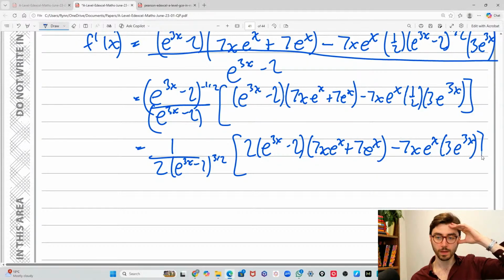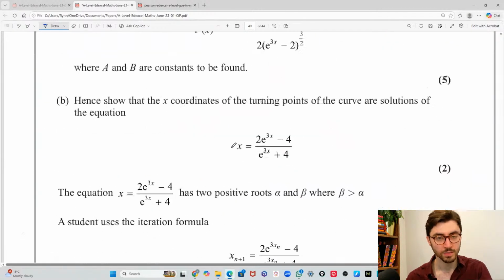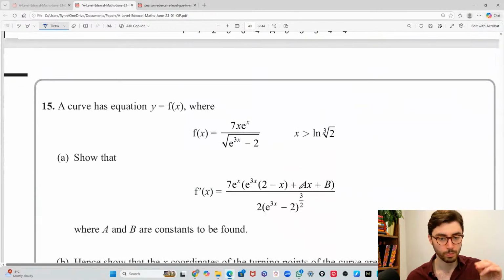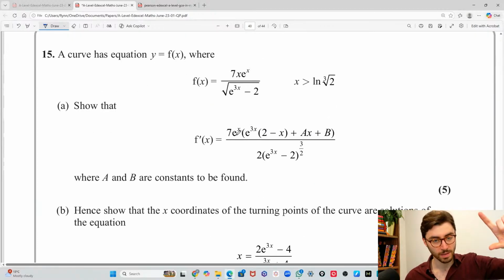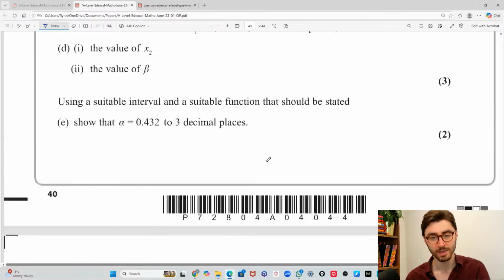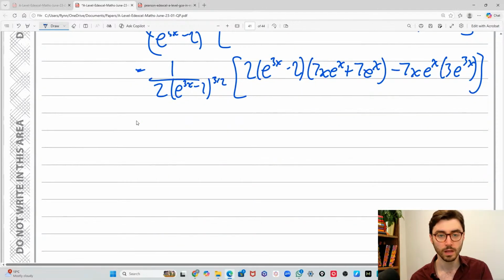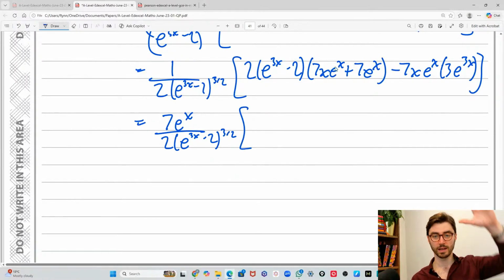Okay. Cool. So I've got that far. So I've got the denominator on lock. Boom, smashed it. Now it looks like I'm taking a 7e to the x out. So let's make that happen. 7e to the x all over 2 into e to the 3x minus 2 to the 3 over 2. What have I got left when I do that? Well, I can take a 7e to the x out of both of that.